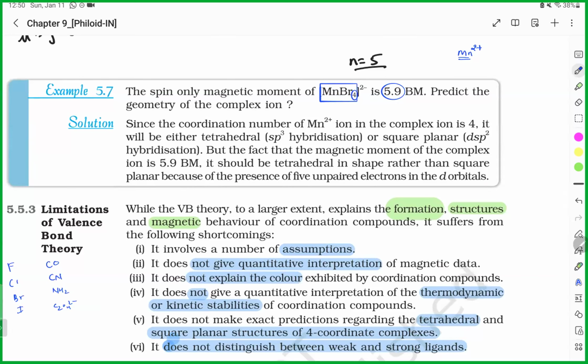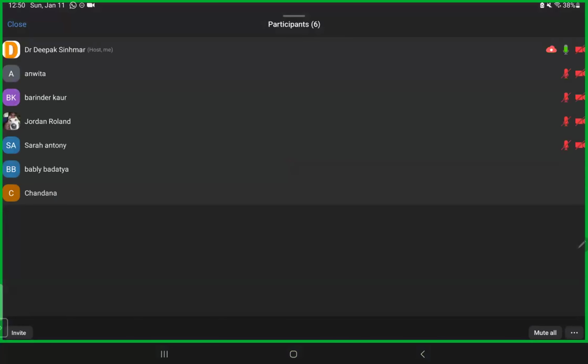Okay? And let me ask all of you, how many are facing network issues, Chandana and Pratigya? Sarah, as of now, you faced issues mostly in the crystal field theory. Yes, sir. Marinder, crystal field theory. Yes, sir. Jordan, crystal field theory. Yes, somewhat. Anvita, crystal field theory.